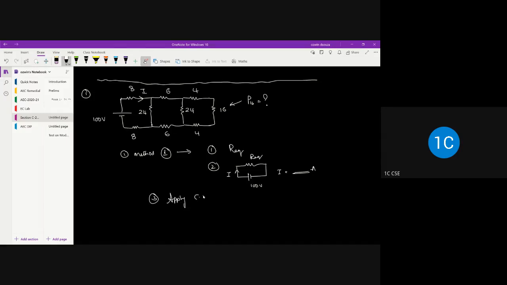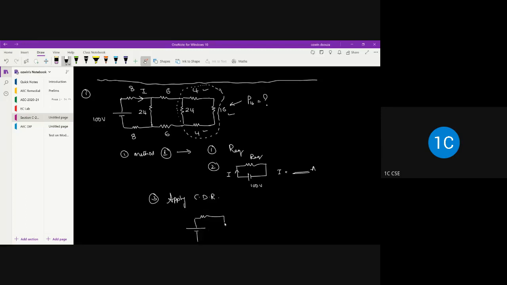To apply the current division rule, first you have to reduce this network. It's something like 4 ohm, 16 ohm, and 4 ohm are in series.